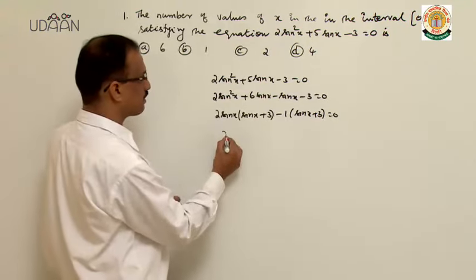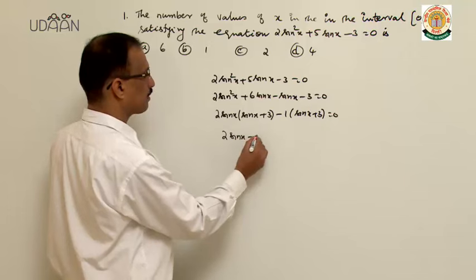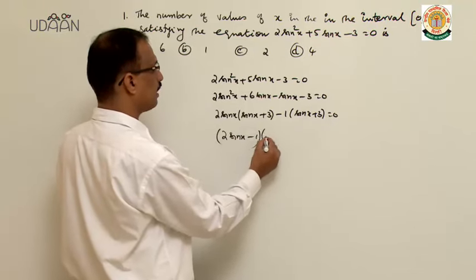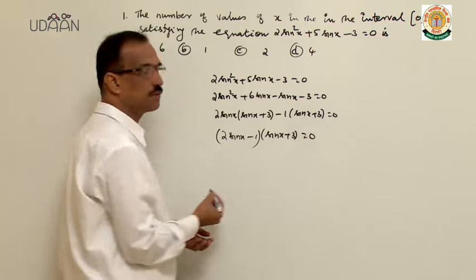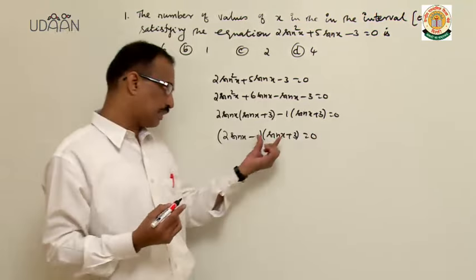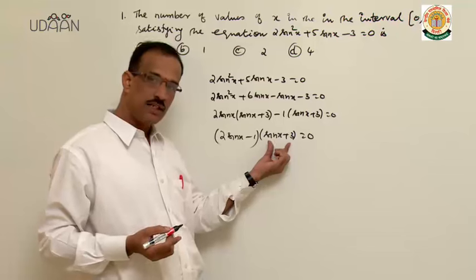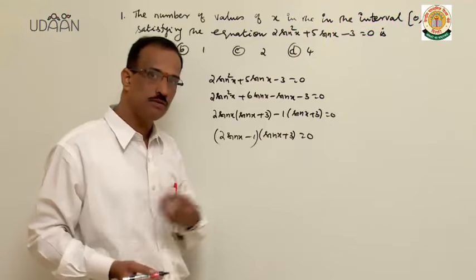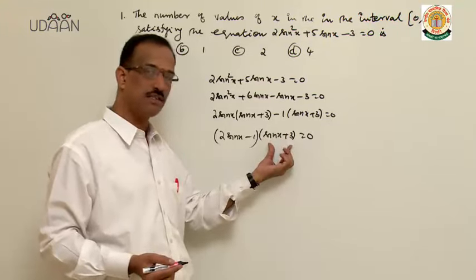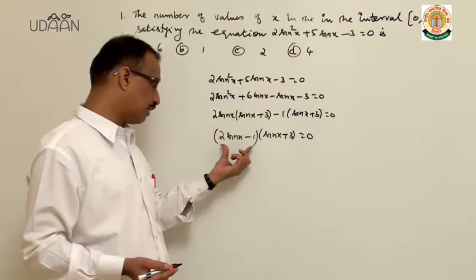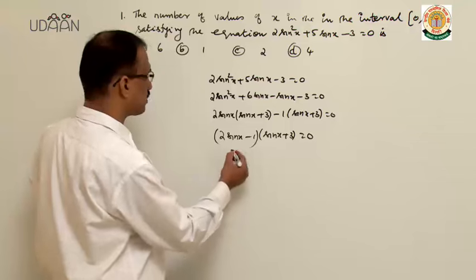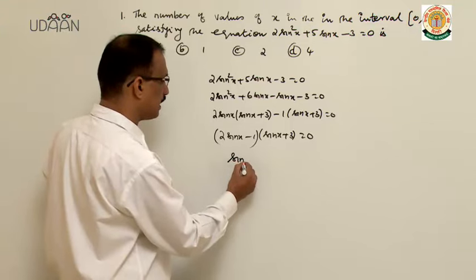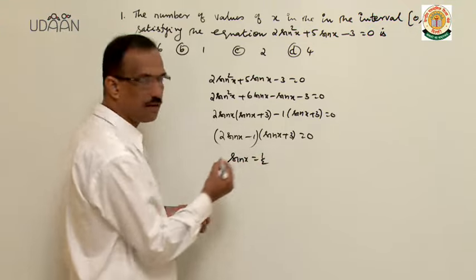So we get (2 sin x − 1)(sin x + 3) = 0. We know that the sin x value lies between −1 and 1, so sin x + 3 cannot be 0. So we get only the possibility 2 sin x − 1 = 0, that is, sin x = 1/2.